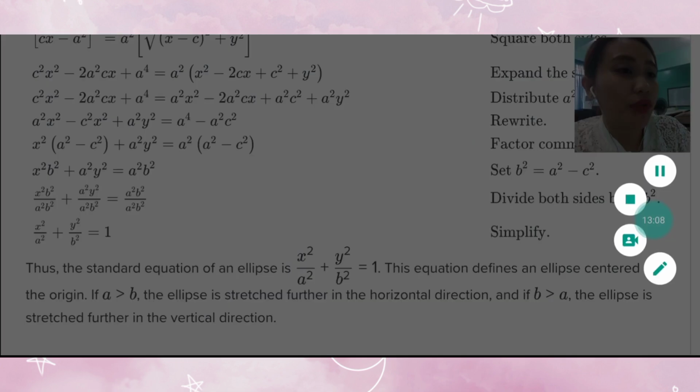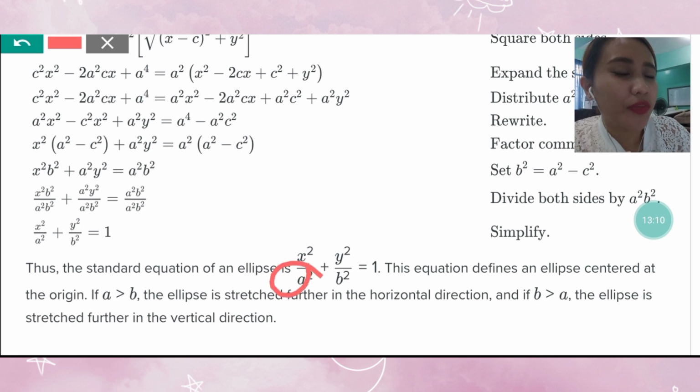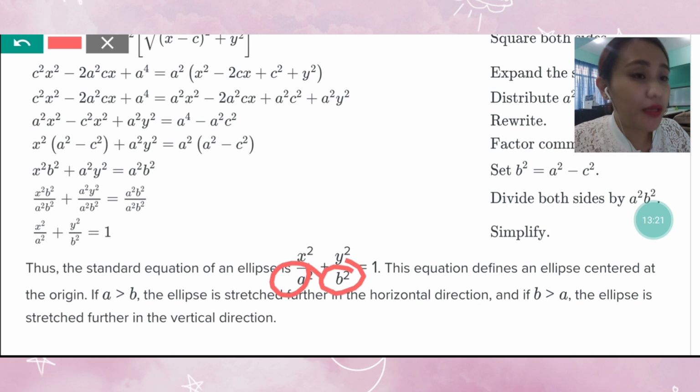So if you look at the equation and see that a is greater than b, your ellipse is horizontal. But if you see that b is greater than a, the orientation is vertical.